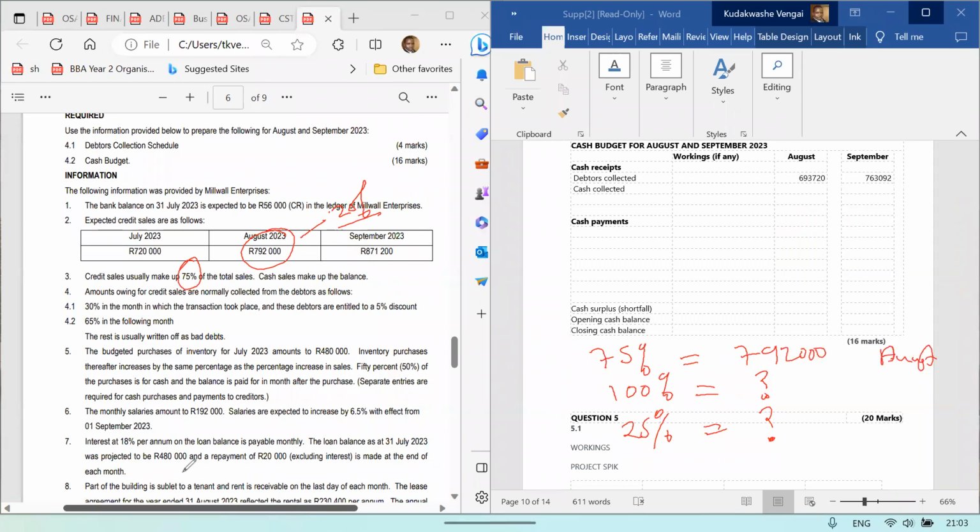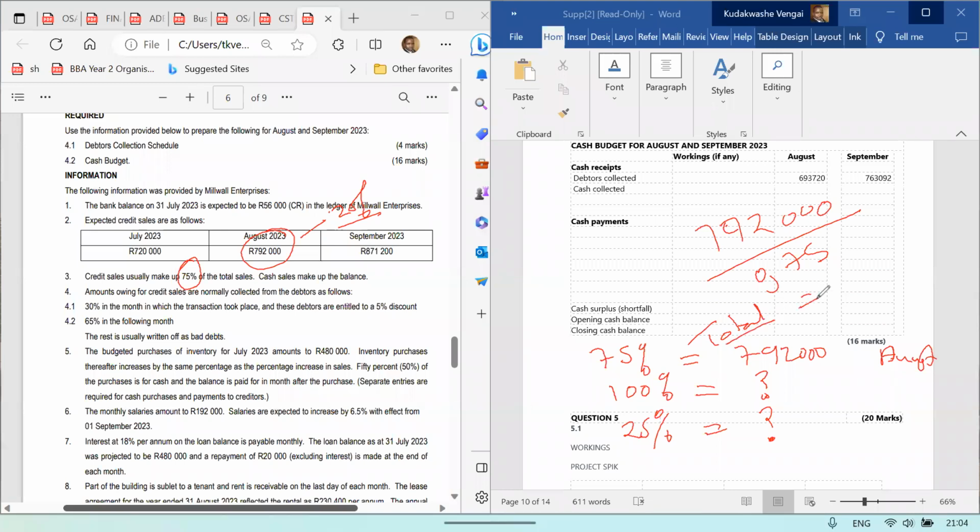That's what we need to calculate. So you take the 792,000 and divide it by 75%, which is 0.75. If you do that, you get the total sales.